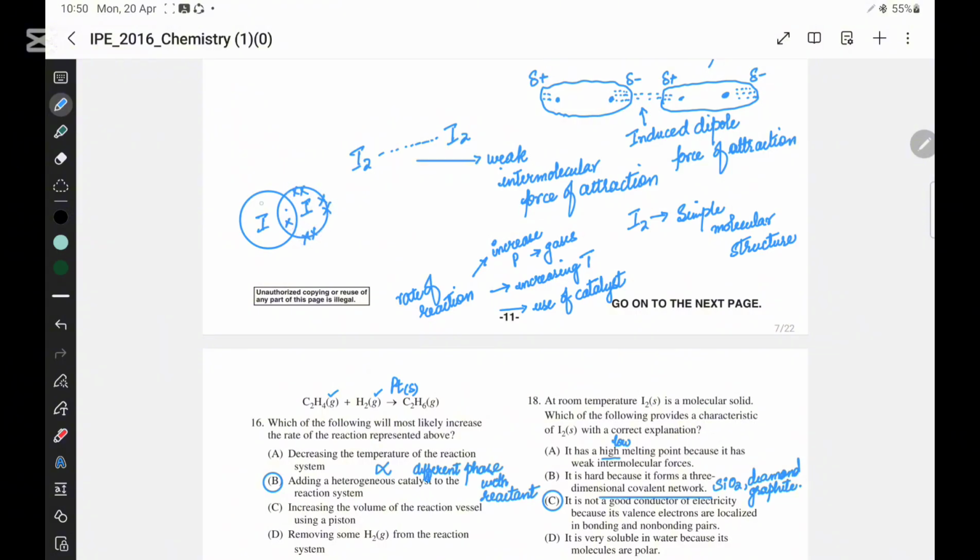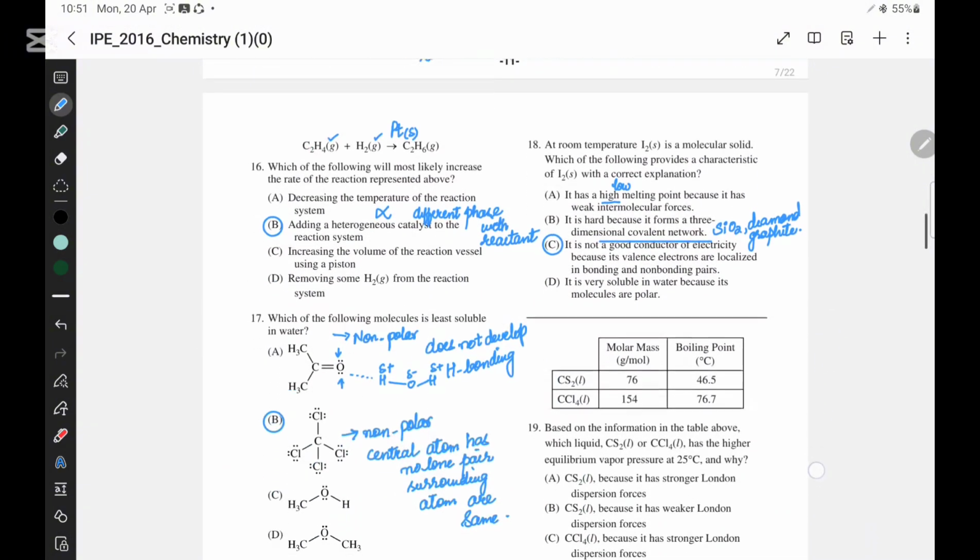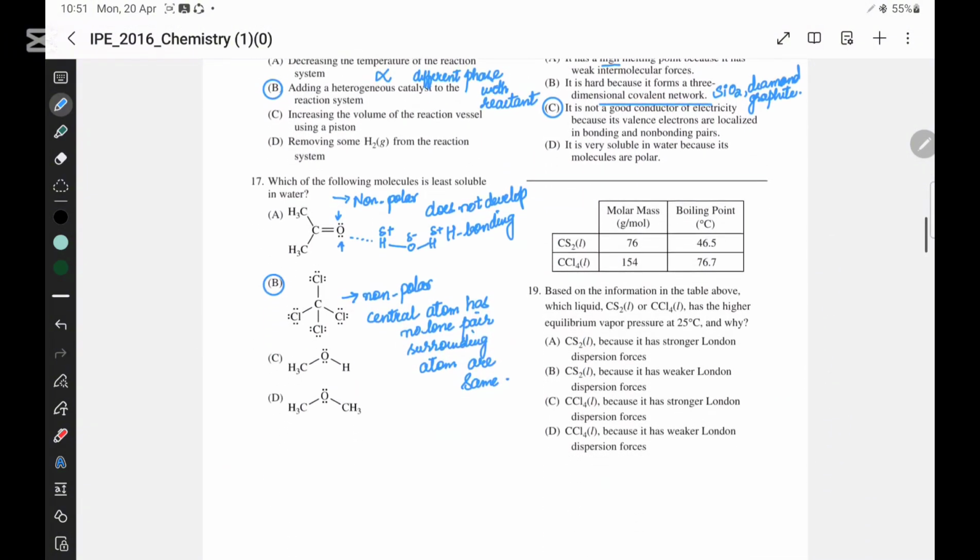And if you see its electrons, these are engaged in bonding pairs, that is a bonding pair, and the other ones are going to be non-bonding. So that's why option C is going to be the right one.